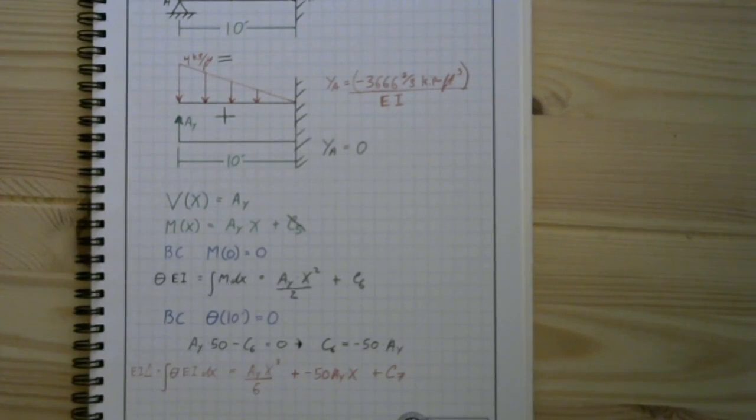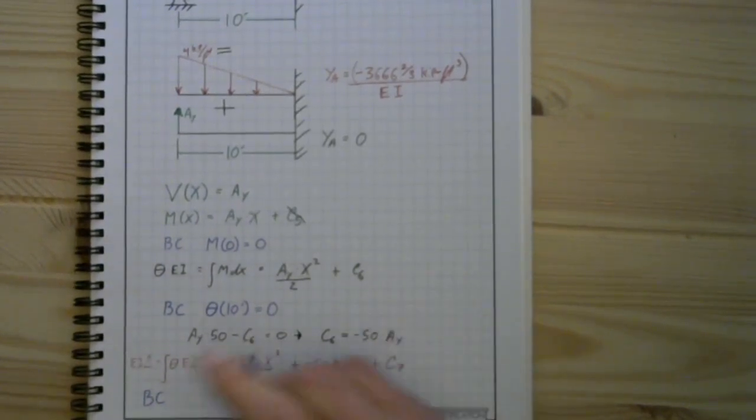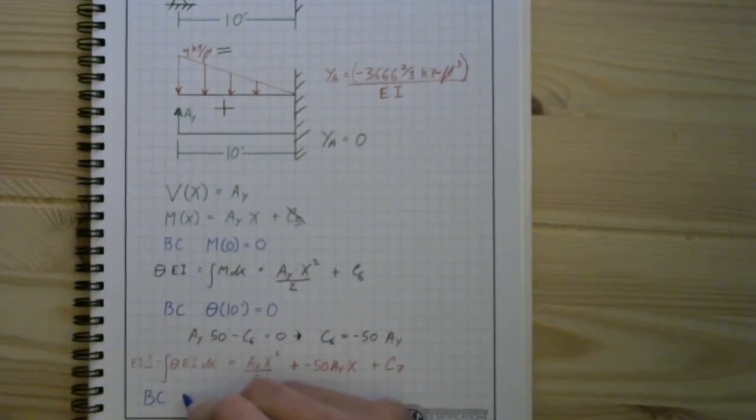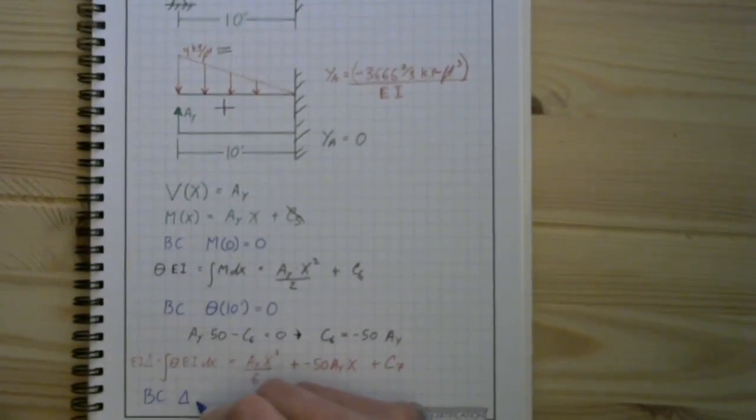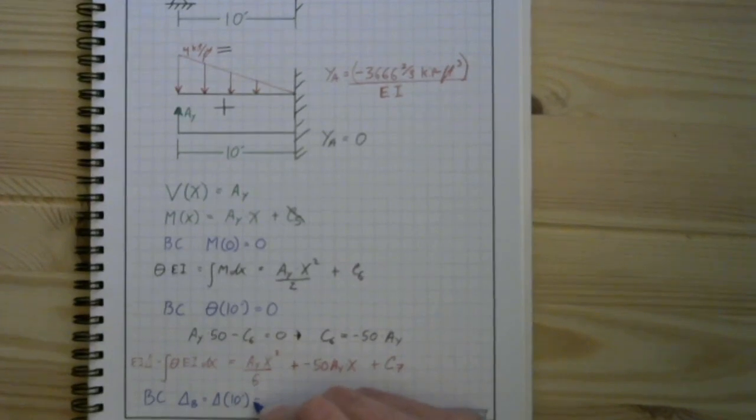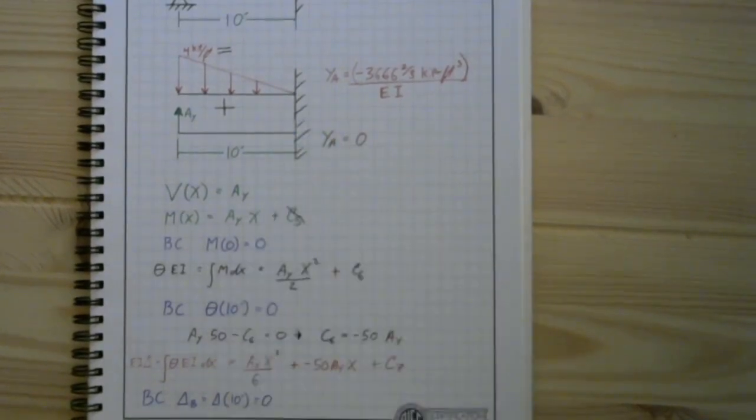Now, when we do this, we have a boundary condition, right? That boundary condition is that the deflection at point B, or the deflection at x equals 10 feet, has to equal 0 because we got a fixed end right there.